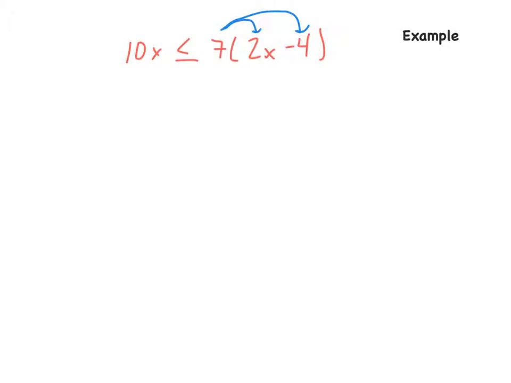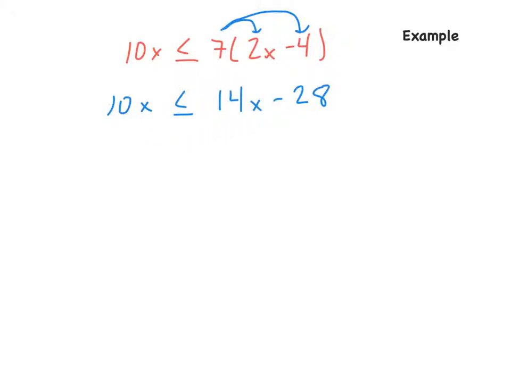So I'll rewrite everything. So we have 10x is less than or equal to, now the distributive property, 7 times 2x is 14x. Bring down the minus sign. 7 times negative 4 is 28. Now we need to bring the variables all over to one side. I like the variables to the left.